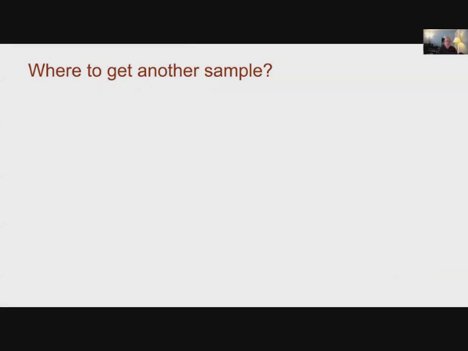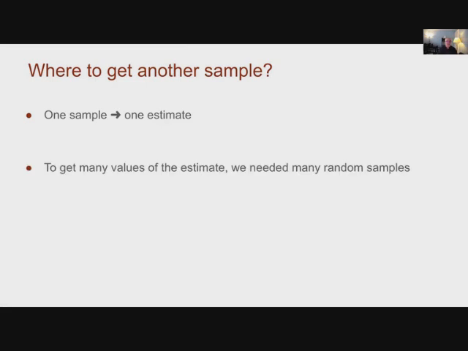That's usually a very expensive operation: one sample, one estimate, but that means getting a survey of 300 from our population. So if we want many values of the estimate, we have to do many random samples, and that's expensive.